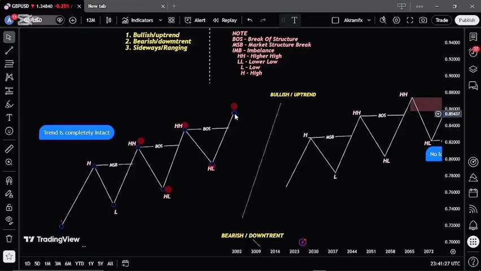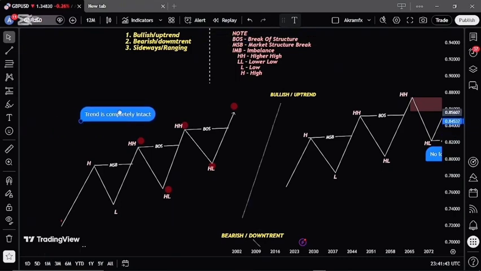In later videos, we shall know when to enter the market. So as long as the market is making a series of higher highs and higher lows, the market is considered intact, or the trend is considered intact. So you only look for buying entries.